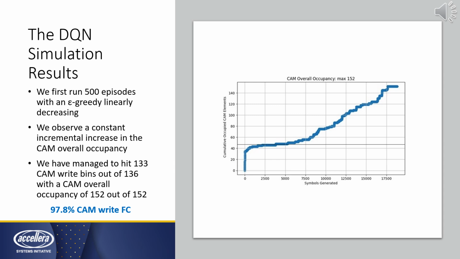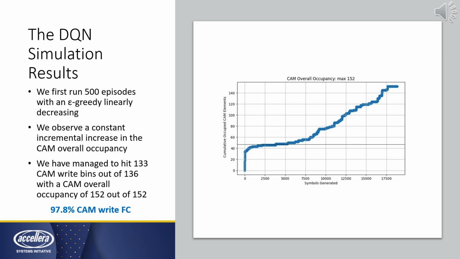By running here 500 episodes from CAM empty to CAM full, in this first simulation, I managed to hit 133 CAM write bins out of 136, which represents 97.8% of the CAM write functional coverage. So I have 3 left out functional coverage bins.